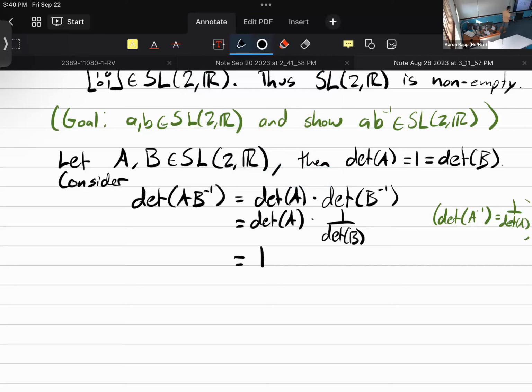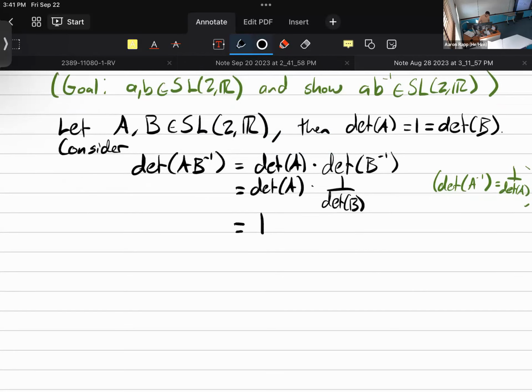So now what do I know about that matrix multiplication A times B inverse? It's in the SL. Yeah, that's fine if we say SL. That's a mouthful to say otherwise. Therefore, A times B inverse is in SL.